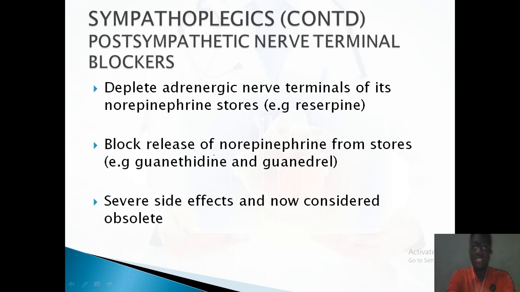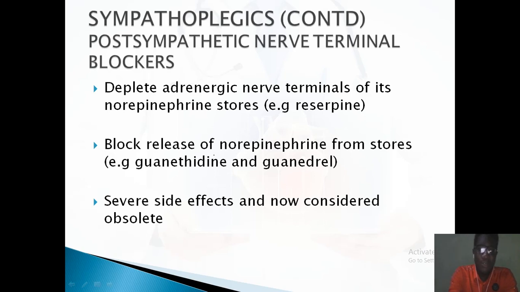I can't be going back to the slide again because of time. They have two major actions. They deplete adrenergic nerve terminals of their stores, or they block the release. So it's either they prevent noradrenaline from being stored in the synapse there, or they prevent the release.